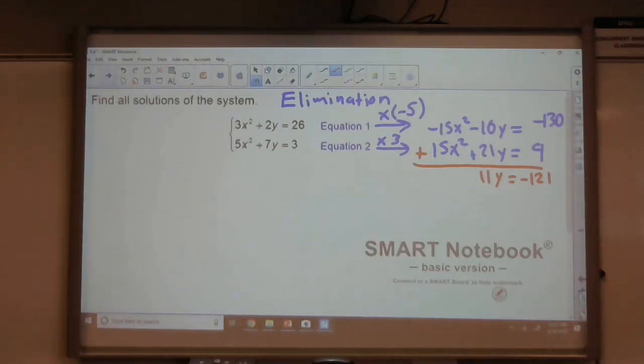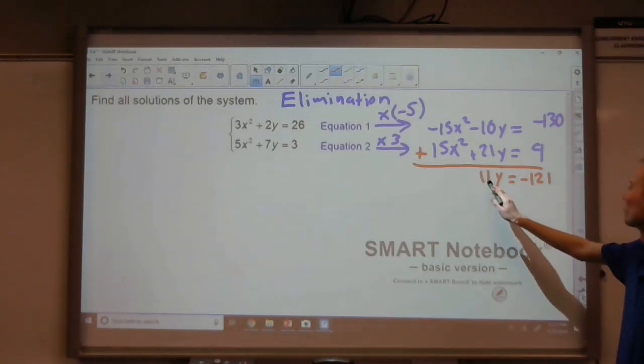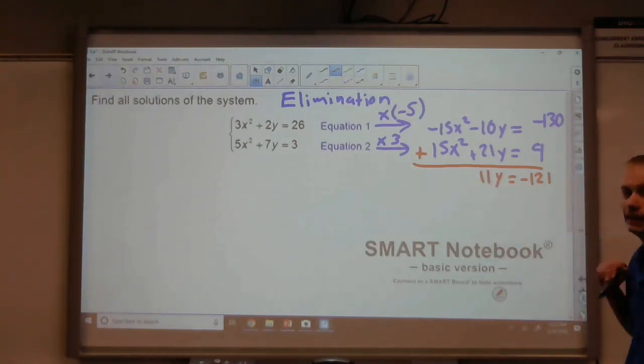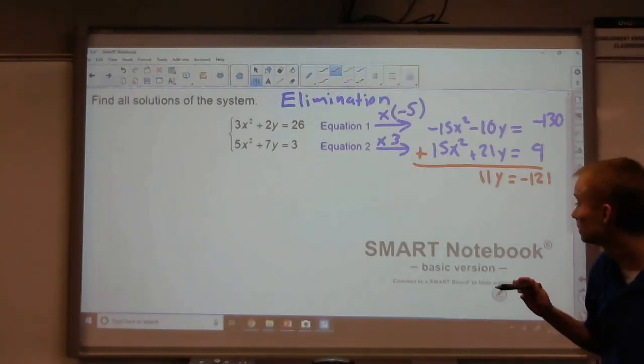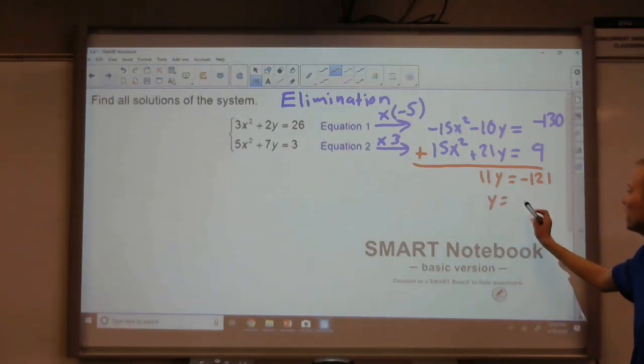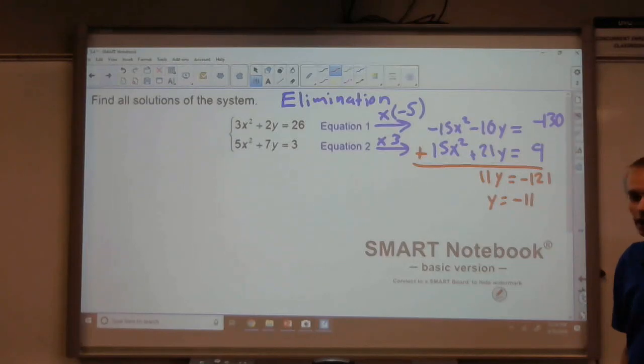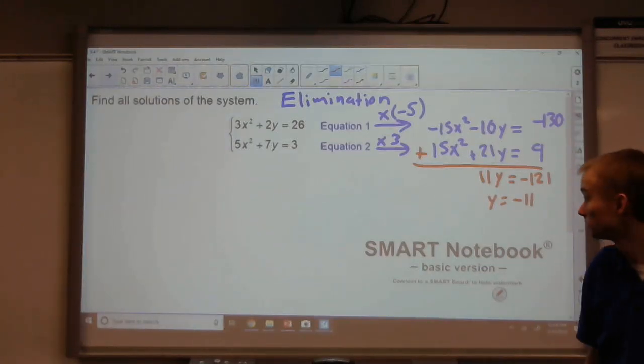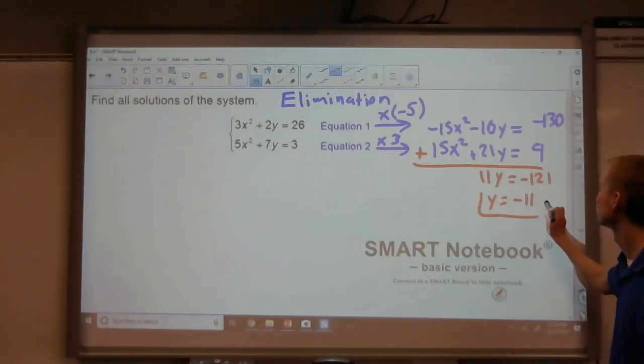So 11y equals -121. I'm just going to divide by 11 now, and we get -11. Okay? So that's our y.